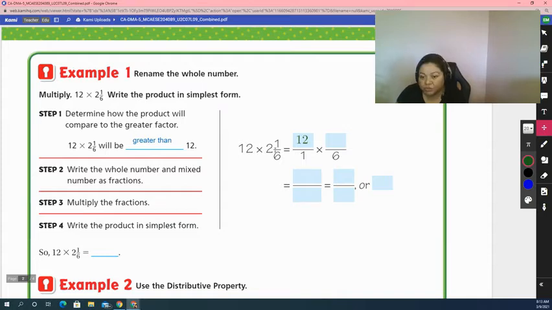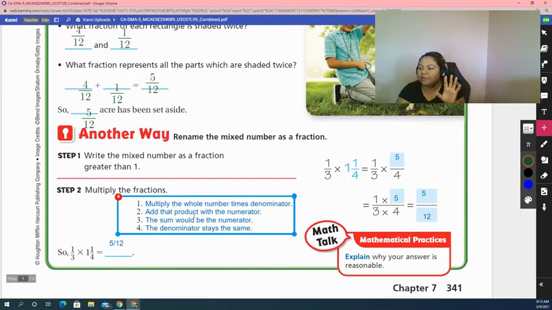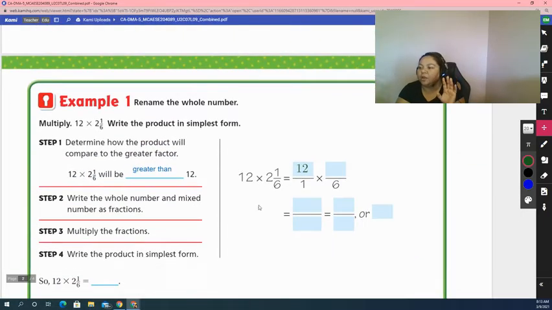So remember, to do that, step number 1, multiply the whole number times the denominator. 2 times 6 is 12. Now step number 2, add the numerator. So that's what we have here, our steps. Add that product with the numerator. So our product was 12.